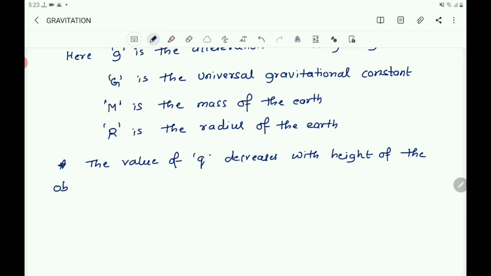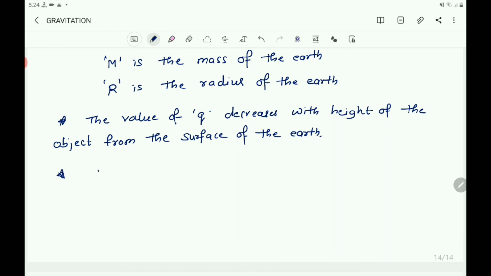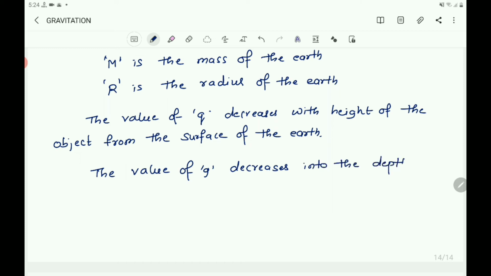The value of g decreases with the depth into the crust of the earth.